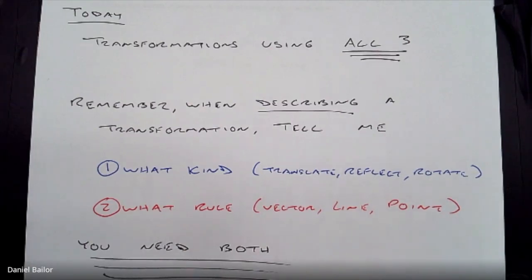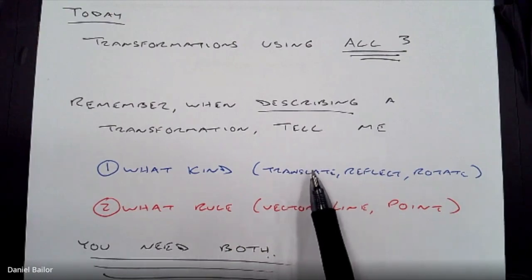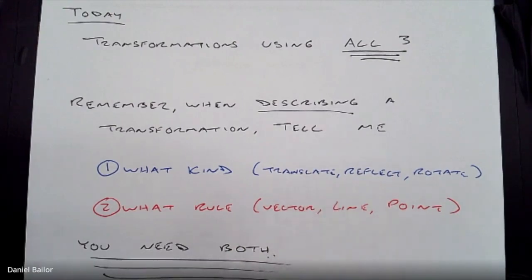This is about being precise. This is about being specific. So make sure you are doing both parts of the description. The kind of transformation and the rule it followed. You need to tell me the kind and the rule every time it is possible.